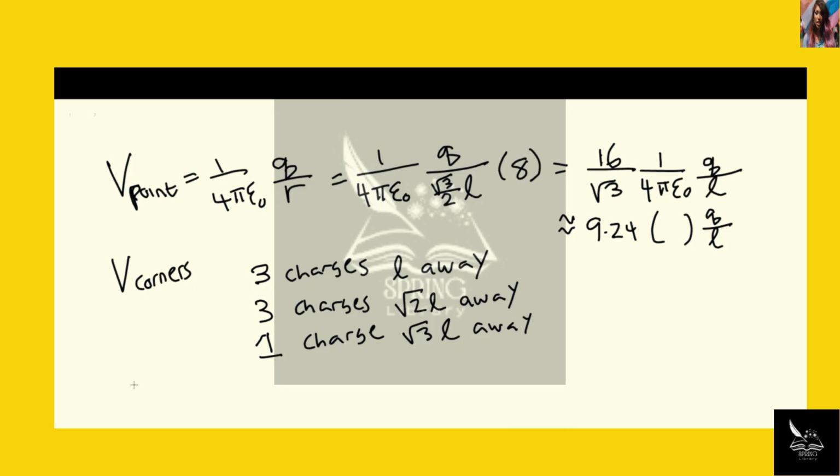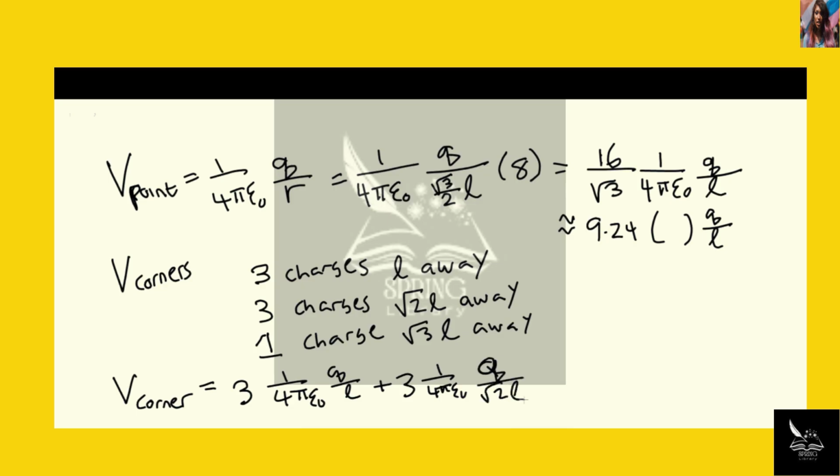So let's do that. V corner is equal to 3 times 1 over 4 pi epsilon naught, q over l, plus 3 times 1 over 4 pi epsilon naught, q over root 2 l, plus 1 over 4 pi epsilon naught, q over root 3 l.